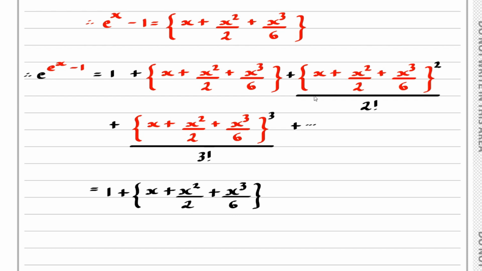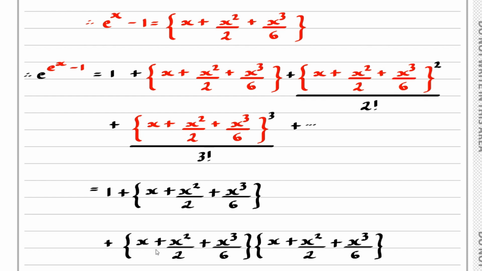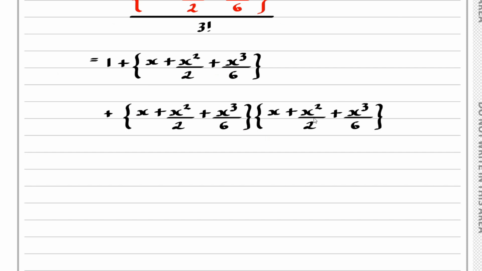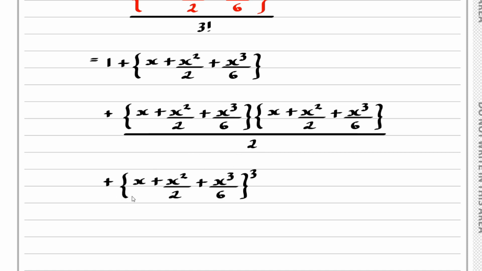But then, for this term here, what I'm going to do is rewrite this as (x + x²/2 + x³/6) multiplied by itself. And then this is divided by 2 factorial, which is 2. And then we add on to this (x + x²/2 + x³/6)³ over 6. And then we've got the higher order terms.